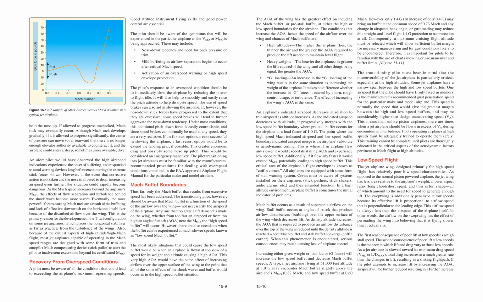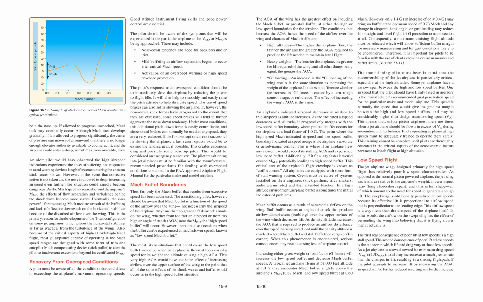Stall buffet occurs at angles of attack that produce airflow disturbances, burbling, over the upper surface of the wing which decreases lift. As density altitude increases, the AOA that is required to produce an airflow disturbance over the top of the wing is reduced until the density altitude is reached where Mach buffet and stall buffet converge, coffin corner. When this phenomenon is encountered, serious consequences may result, causing loss of airplane control.